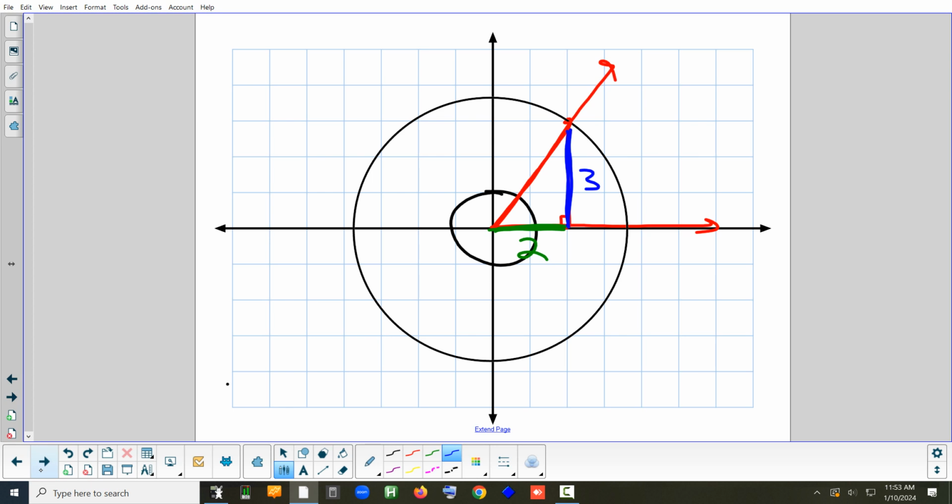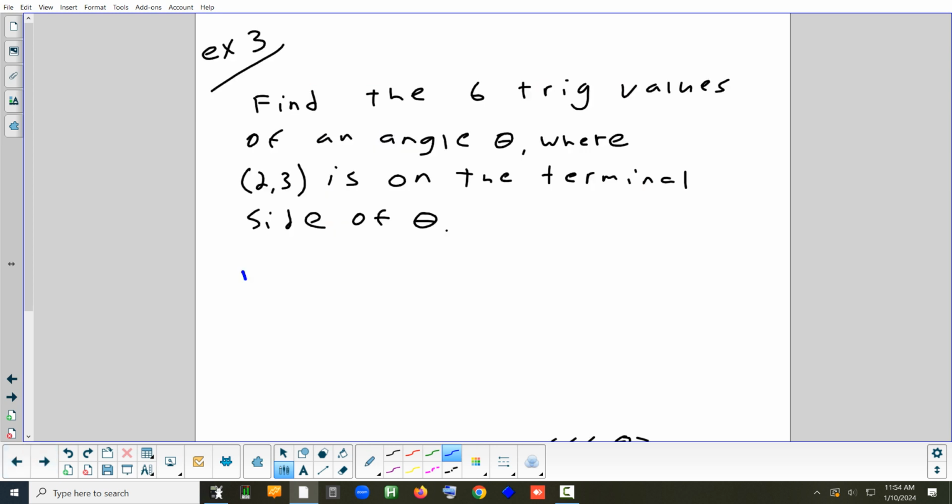Okay, what's going to be the radius of that circle? Just as a square root. Square root of 13. Yep. So let's write that down. Radius is square root of 13.